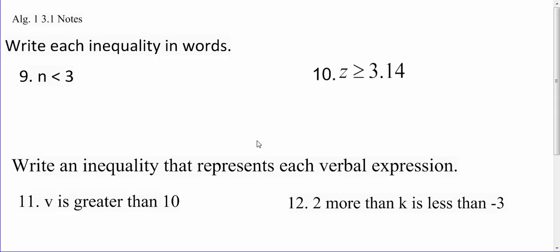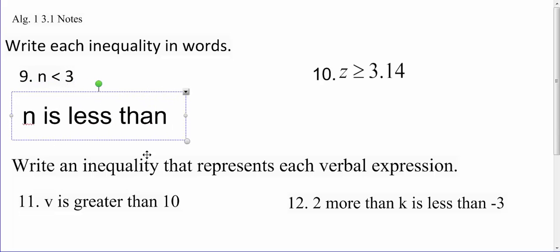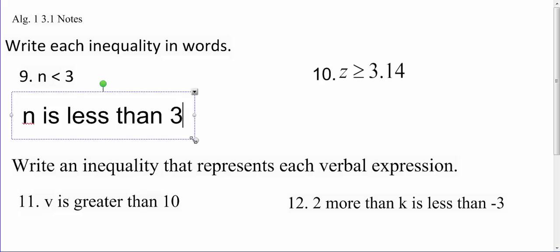But for 9 and 10, we're supposed to take an inequality and change it into words. So for number 9, I would say n is less than 3. That's all there is to it.